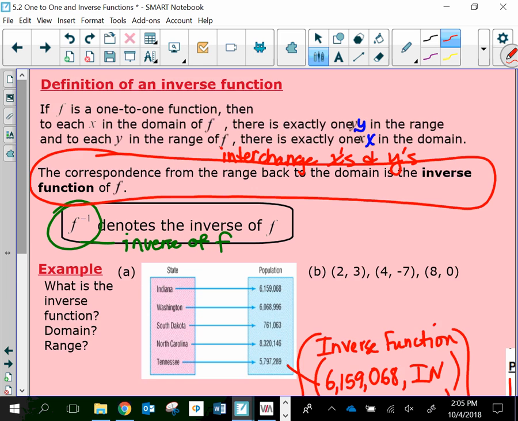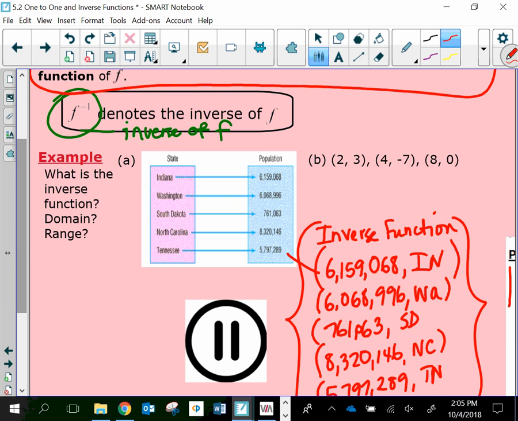Okay. All right. What about this function? What's the inverse function? I'll call this f. So this would be called f inverse. What are the ordered pairs now? Catherine.